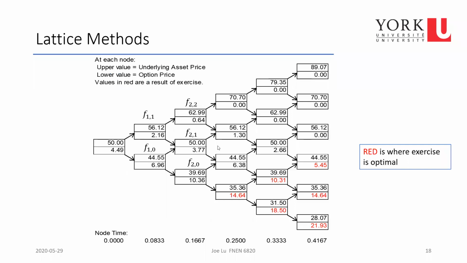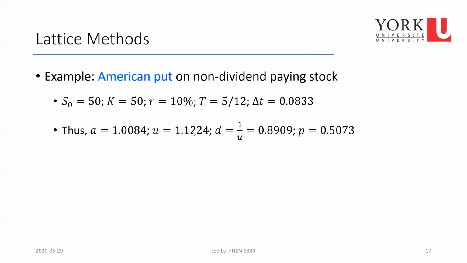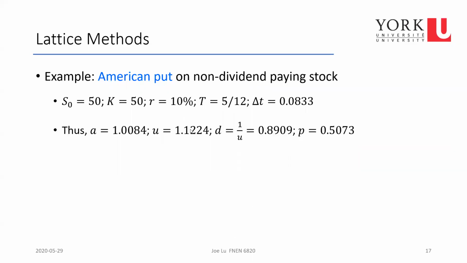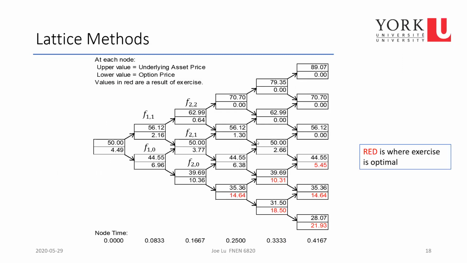Now, if we do that, we basically say that if we start at $50, for the first 2 nodes, one is 12% higher or 11% lower. The first one is 50 multiplied by 1.1224, which gives us 56.12.